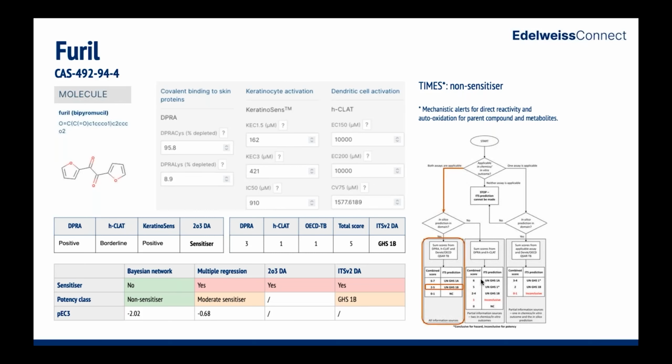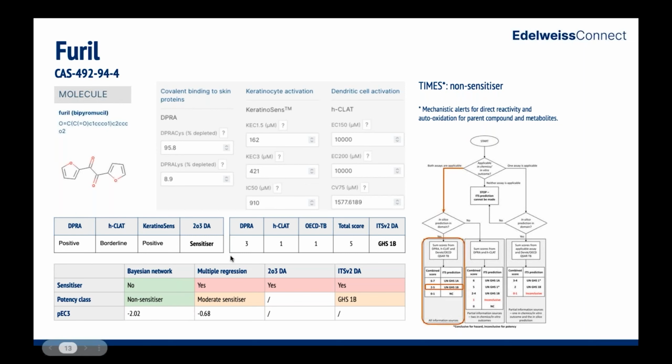So this was an interesting example. While the in silico software which is within this guideline predicted furyl as a sensitizer, however times predicted furyl as non-sensitizer.